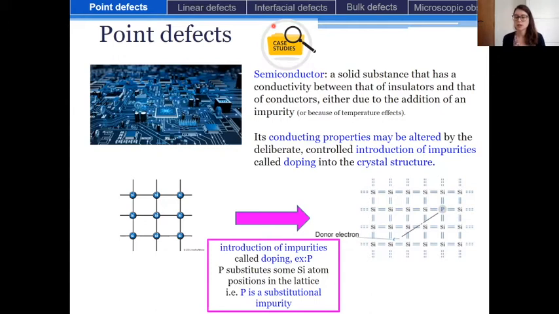And so phosphorus is called an impurity, or substitutional impurity, or doping, since in that case it increases the electrical conductivity of silicon. And so here we introduce substitutional impurity atoms.